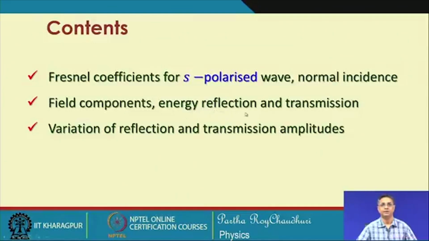Then the energy reflection and transmission of this S polarized wave. Then we will make a comparison of the variation of the reflection and transmission amplitudes as a function of the incident angle.